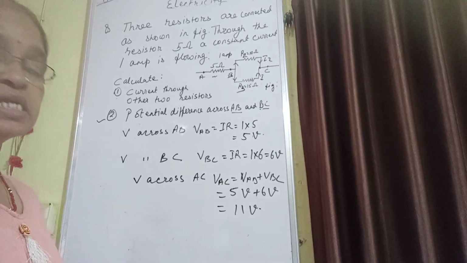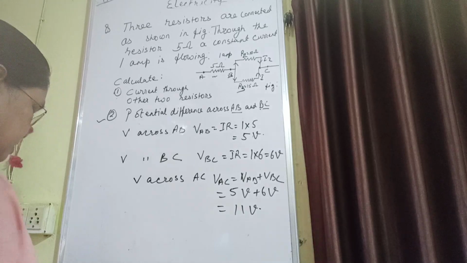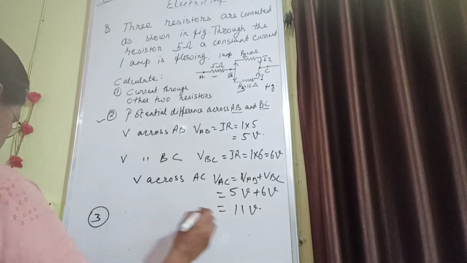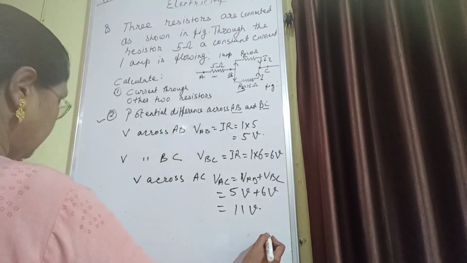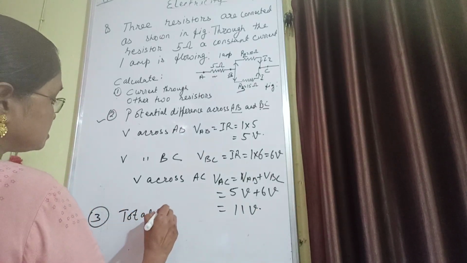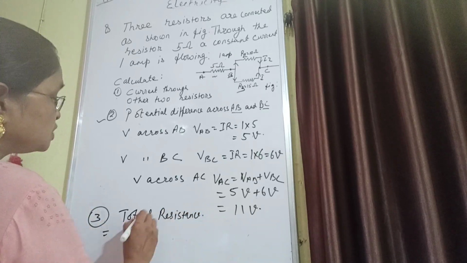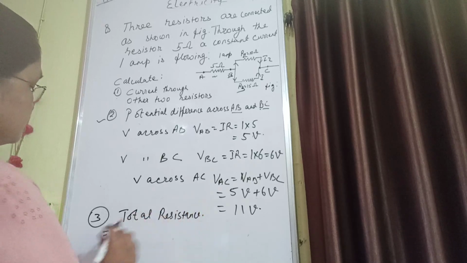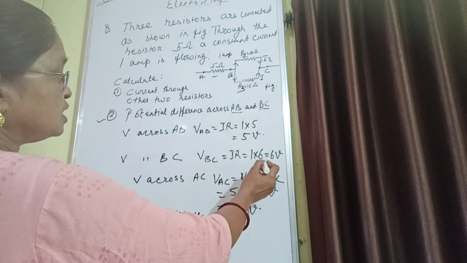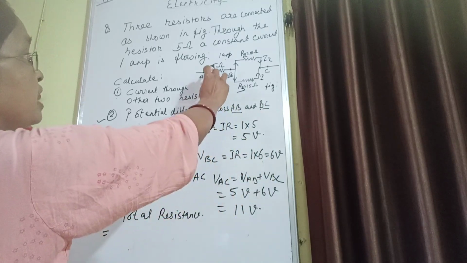Then come to the third case. In the third case, what we have to calculate is the total resistance. Total resistance is nothing but equivalent resistance. The equivalent resistance for R2 and R3 we have got as 6 ohm, and R1 we have as 5 ohm.